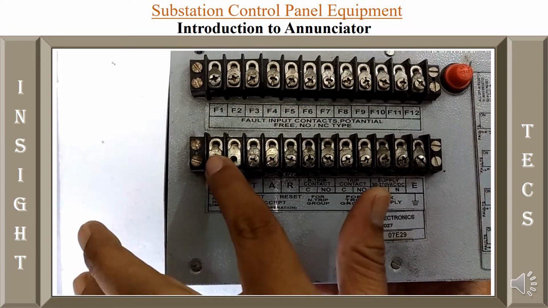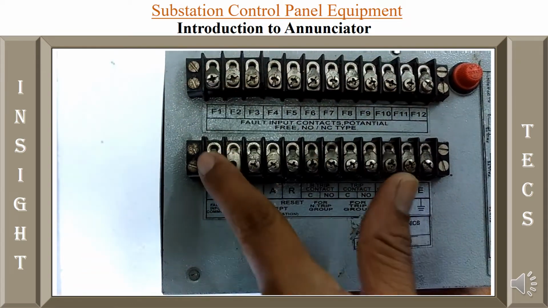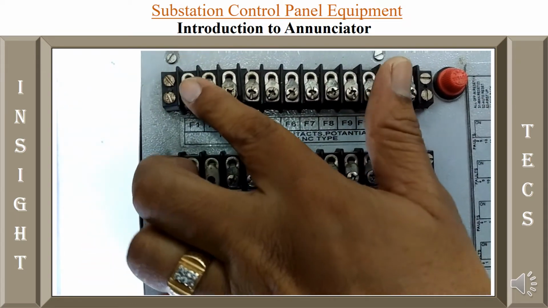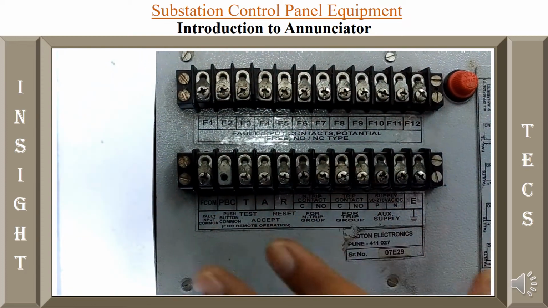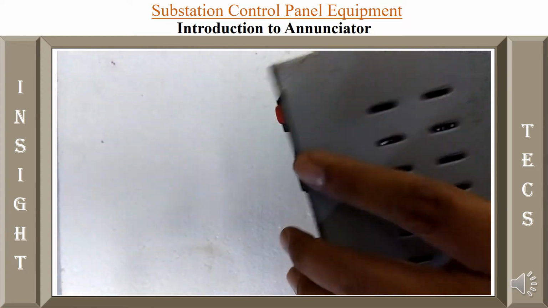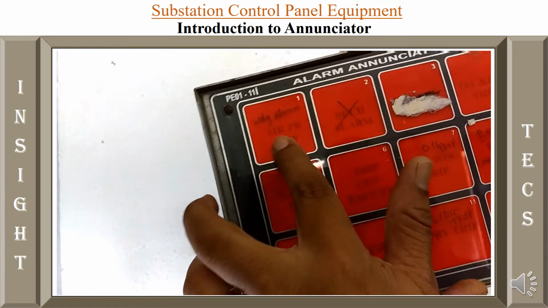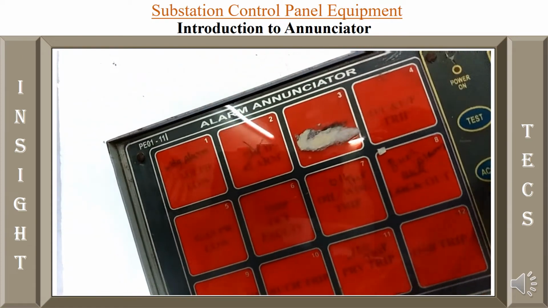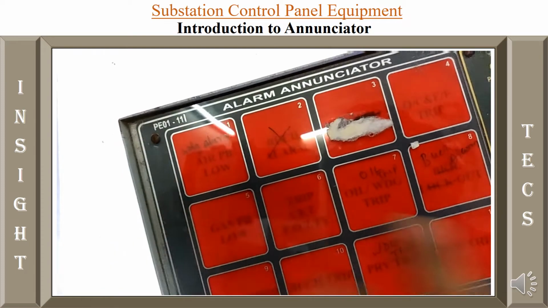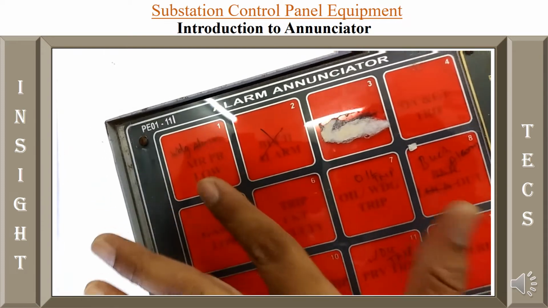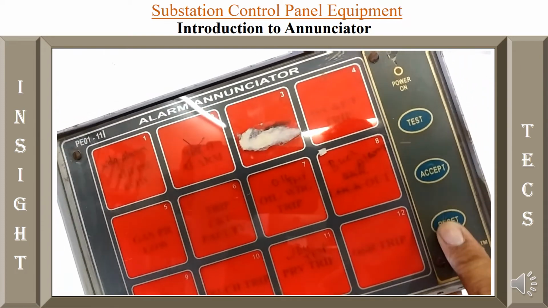Whenever you make a connection from F common to F1, that is for window 1, you can connect any relay between F common and F1. So whichever relay is connected between those 2 points, the indication will be on window 1. Okay, so now you can accept it, and you can do reset.